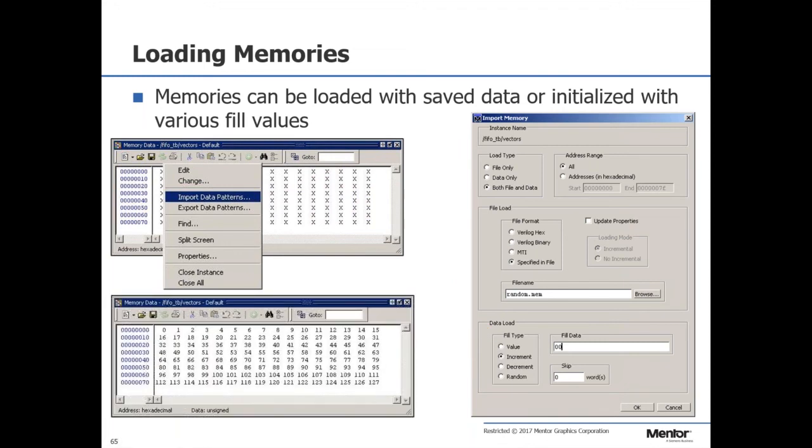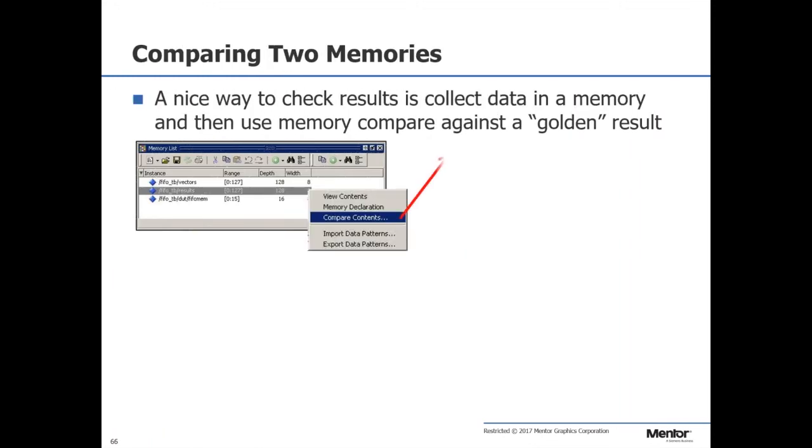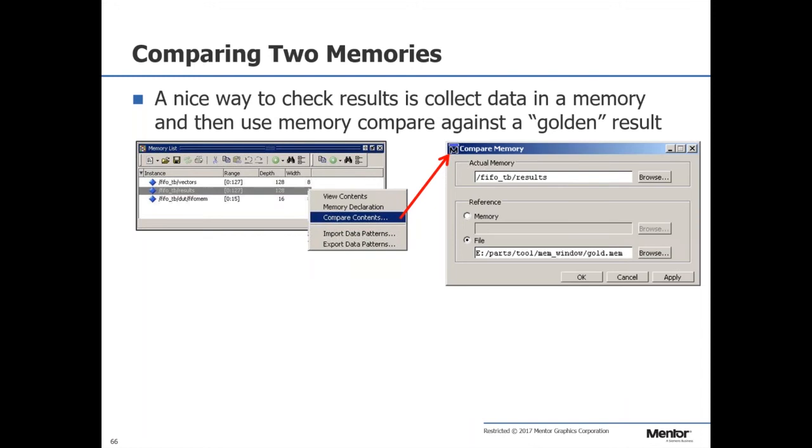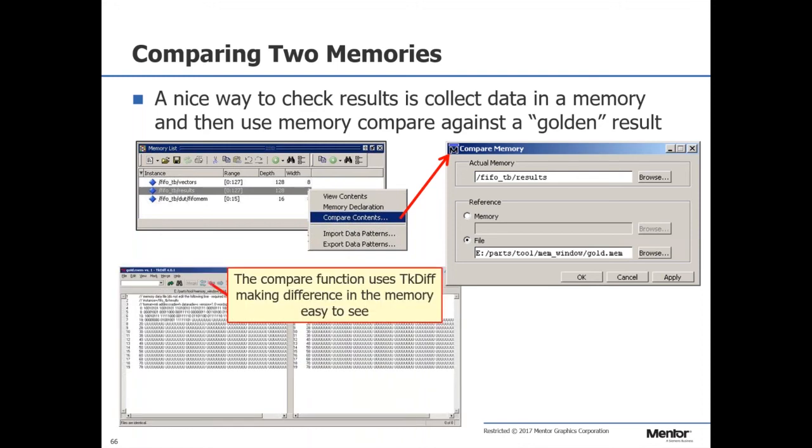Once I can read and write memory patterns, maybe my test bench runs through a set of data, and then I expect a certain set of data to be in some range. Now I can do things like compare.